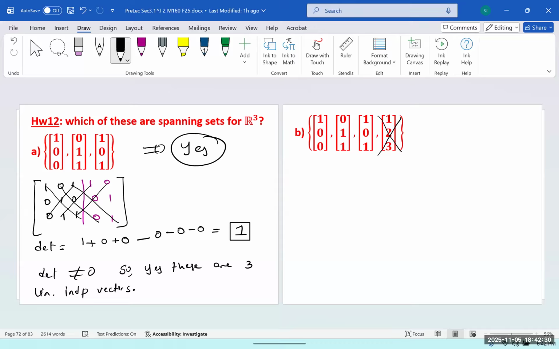And surprisingly, we have the same 3 vectors as the left one. But there is a surprising thing here. Let's say we did not eliminate. So this one is yes, because we have 3 linearly independent vectors in R3. So yes, they are a spanning set.